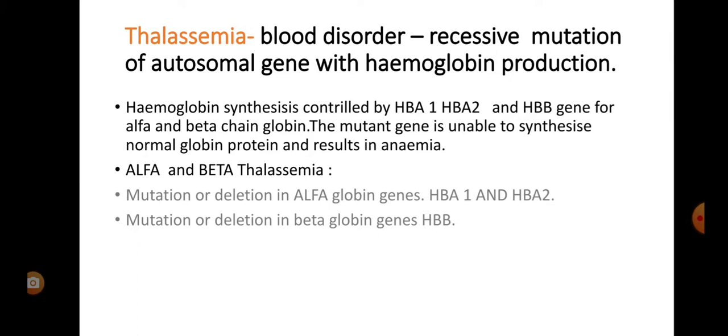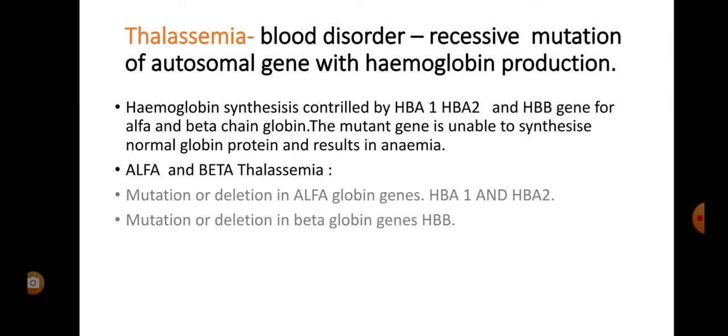Thalassemia is an autosomal recessive disorder, and it is also a blood disorder. It is caused by a recessive mutation of the autosomal gene, where the hemoglobin is non-functional. In normal individuals, hemoglobin contains two proteins, alpha and beta globulin.